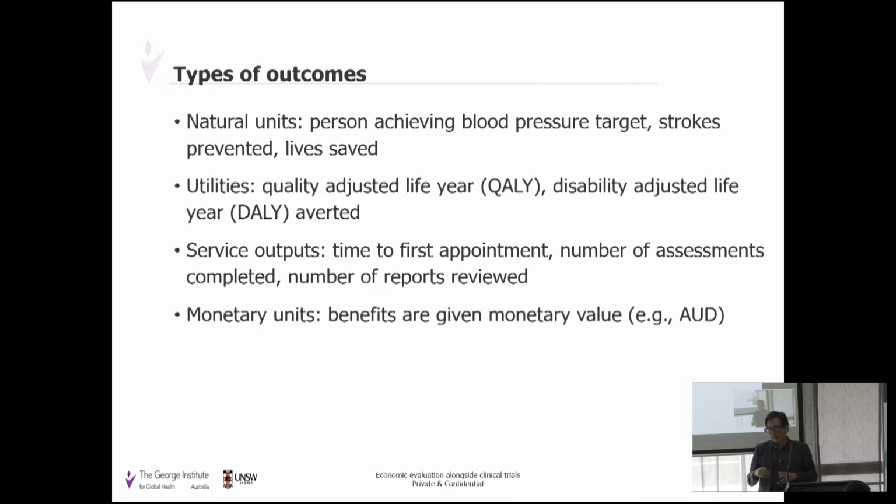Often the outcomes that we're powered to measure within the time frame of the trial may not reflect what we need in the economic evaluation. So in the trial, we typically measure outcomes in natural units, things like blood pressure targets, the number of people achieving blood pressure targets. If it was a big trial, we might be able to measure strokes prevented or lives saved.